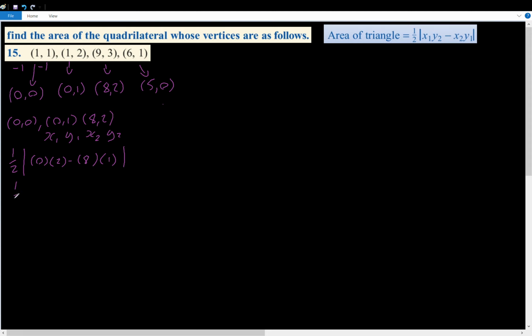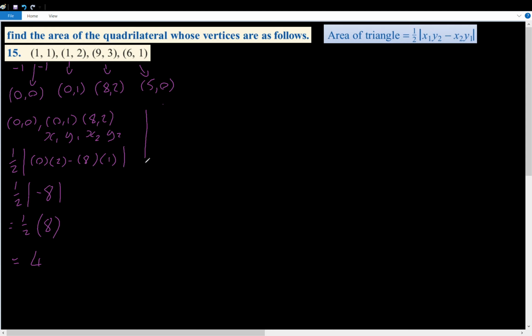So that's 1/2 times the absolute value of 0 minus 8, which is minus 8, which means it's equal to 1/2 times 8, because the absolute value means we don't take the negative version of it. So the first area we get is just 4, like that.